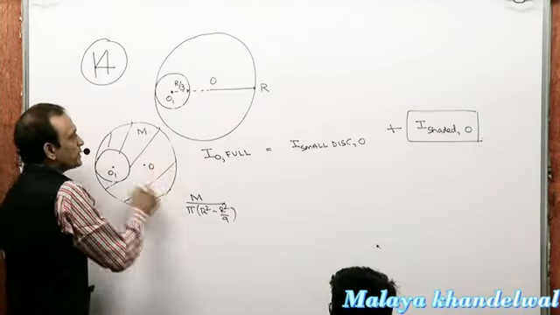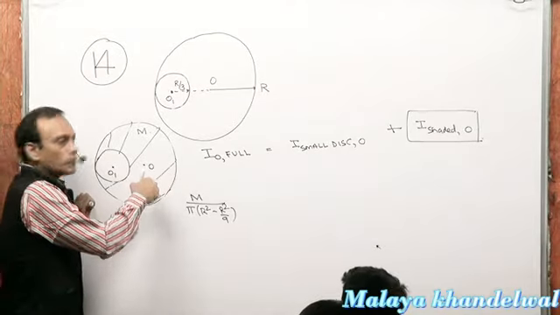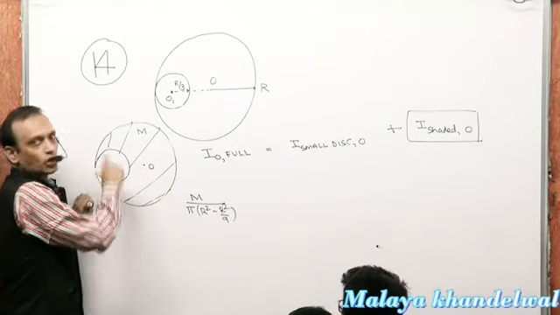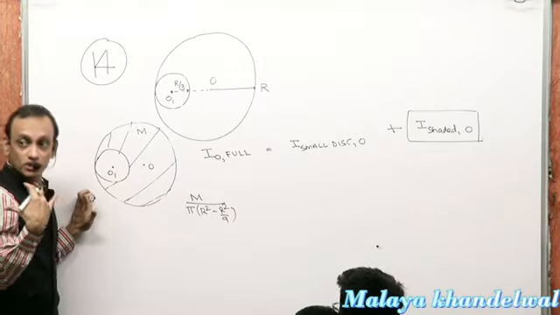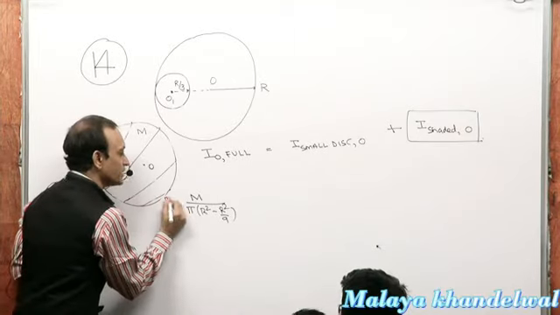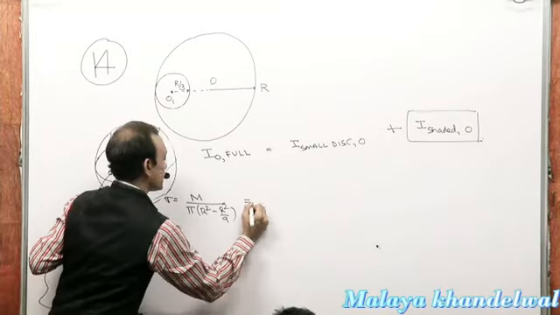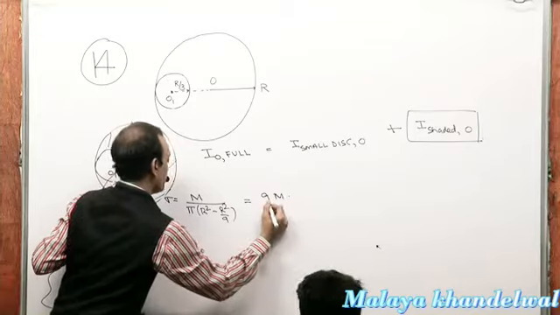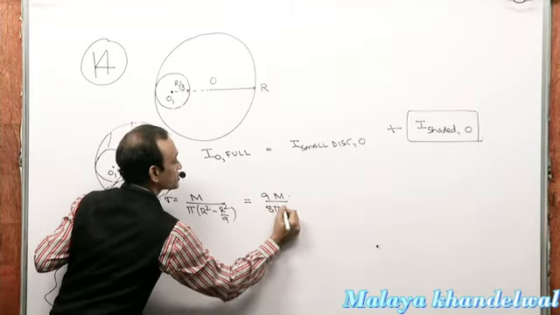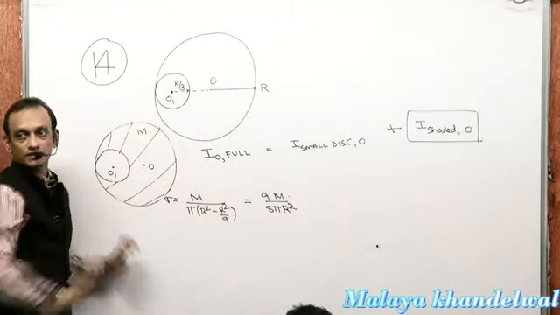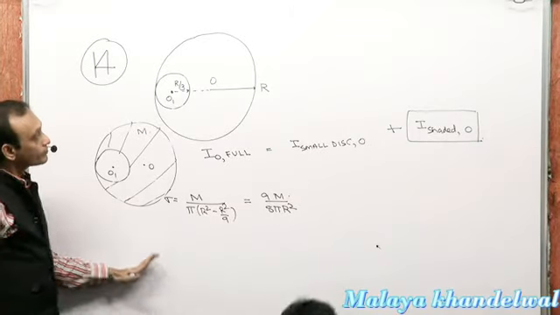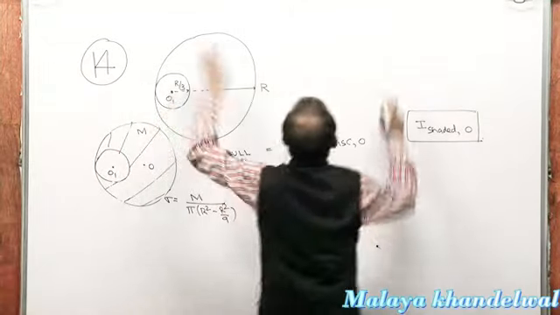So, mass per unit area. Whether I obtain it from this or from the whole thing will remain the same because it's a uniform disk. That's the mass per unit area, which is 9m by 8 pi r squared for this entire region. So what was the mass of the full sheet?